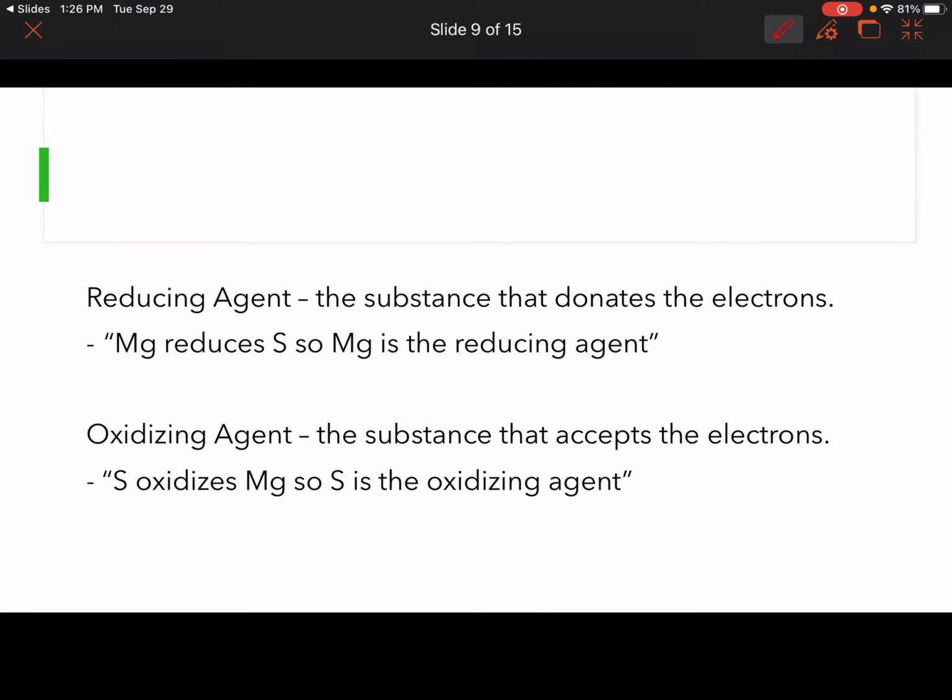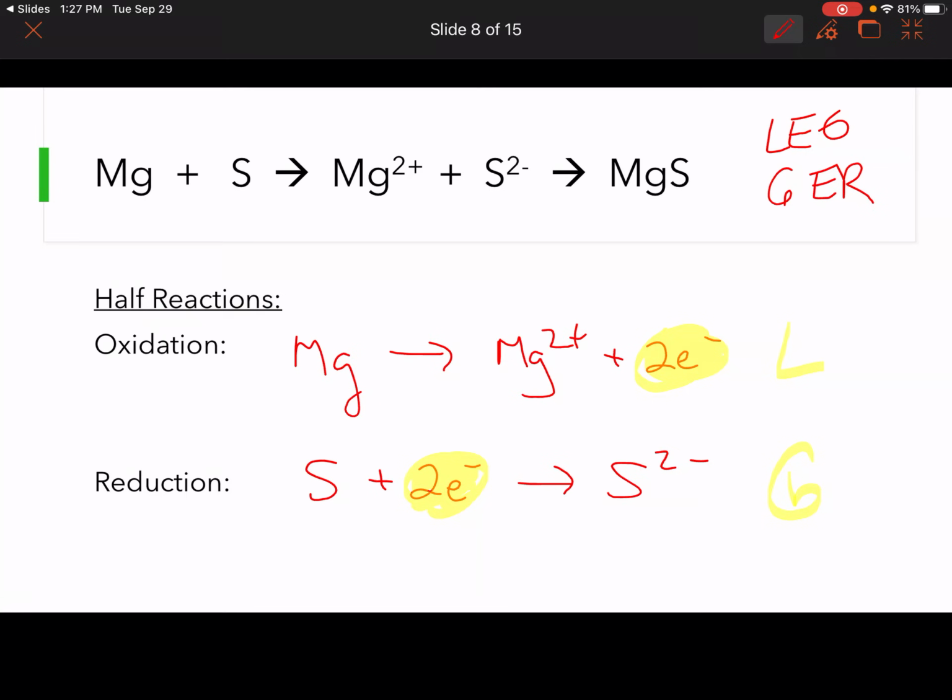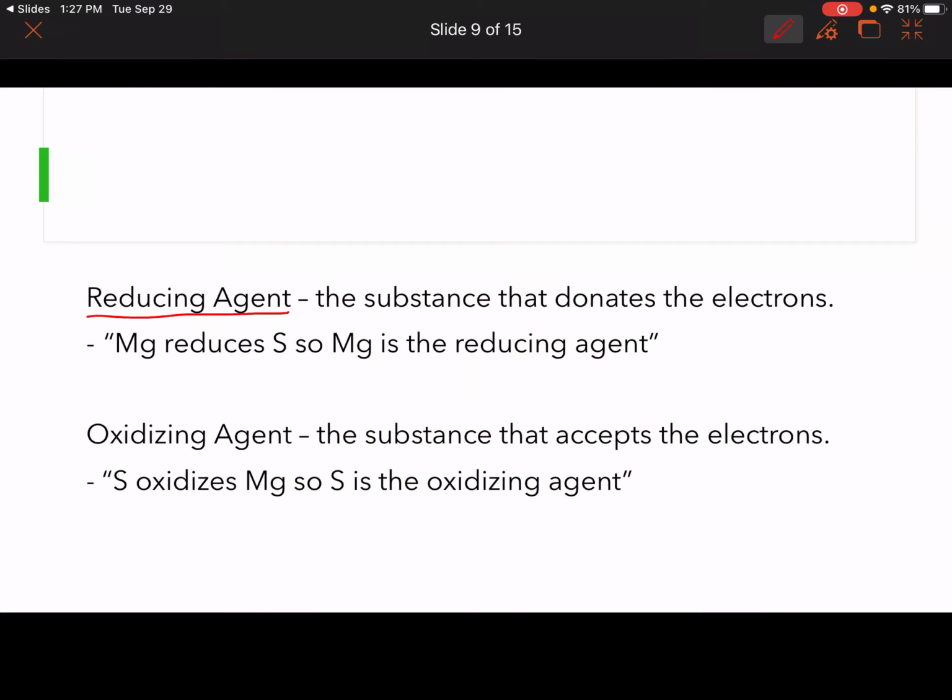Now, we have some terminology here. So we have something called the reducing agent. So the reducing agent is the substance that donates the electrons. So if we go back, which one donated the electrons? Magnesium. Magnesium lost the electrons, it gave them away. So that would mean that magnesium is the reducing agent. And verbally, you could say magnesium reduces sulfur, so magnesium is the reducing agent.